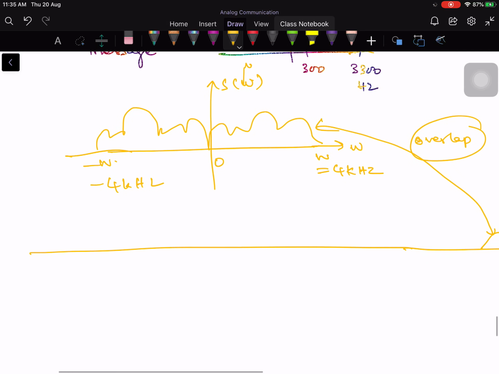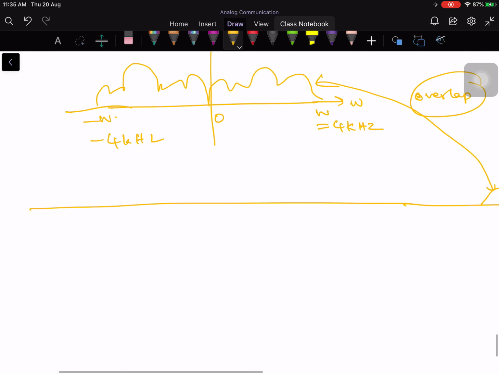Since they are not overlapping, one of them will contain the lower frequency component, the other will contain the high frequency component.